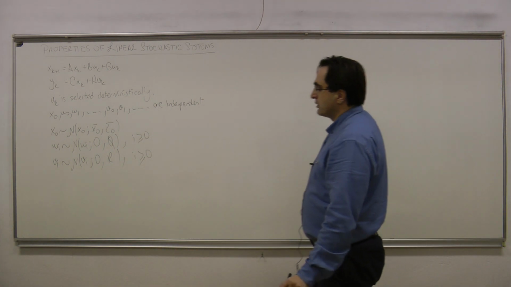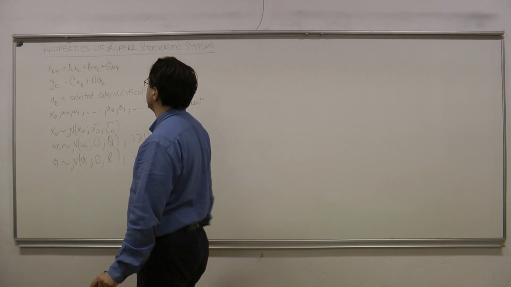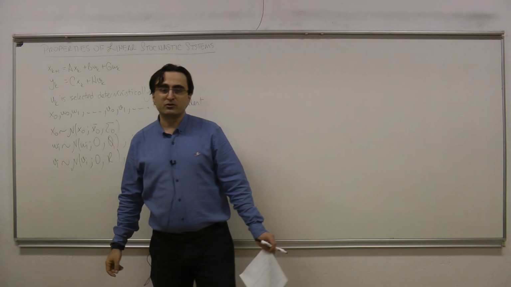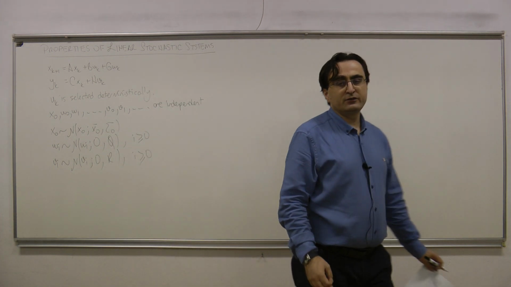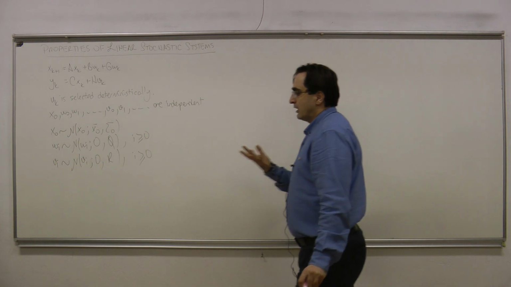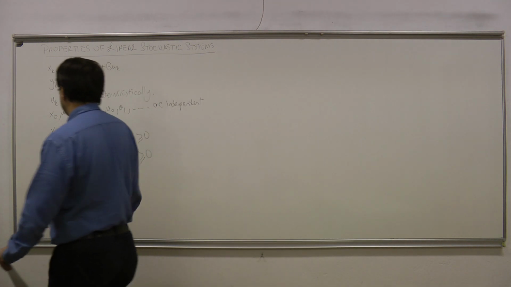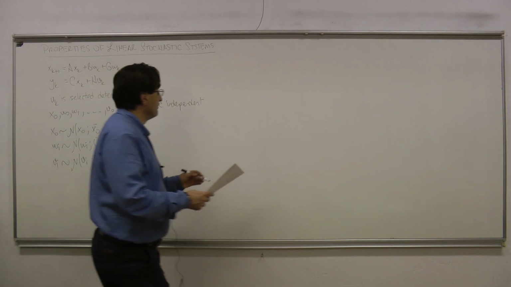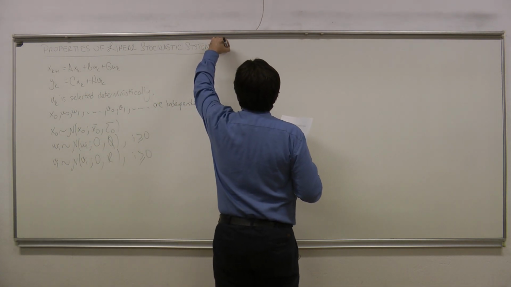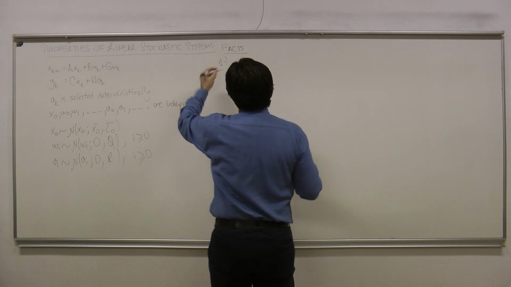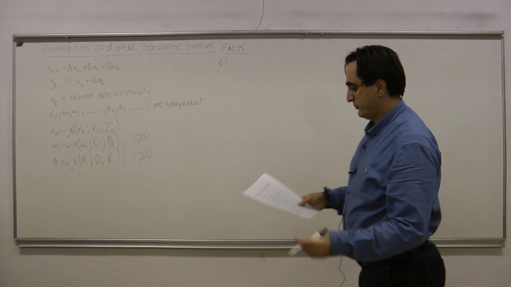Now we're going to calculate transition distributions or unconditional distributions of the state and the measurement using these properties of the system. But before that, I want to actually give you the facts that I'm going to use here. So let us write facts. The first fact, and I will leave the proof of this to you.